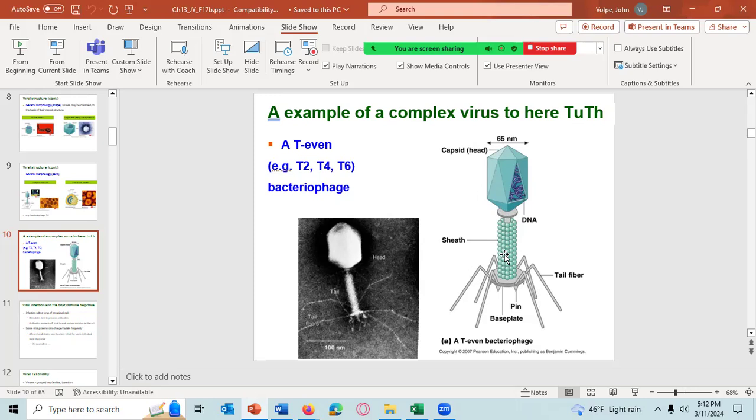Now, not all bacteriophages have a tail, but many of them do. The adhesions or ligands, the molecules of the virus that bind to the host cell receptor, are on the bottom of the tail fibers. So this is where the virus binds to its host cell.